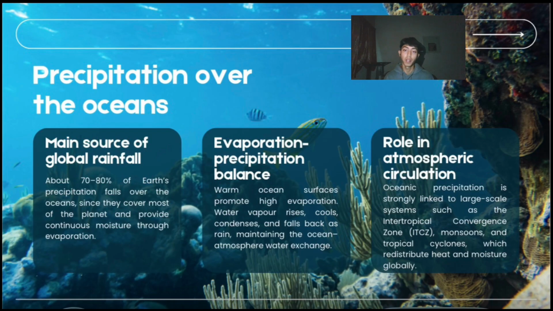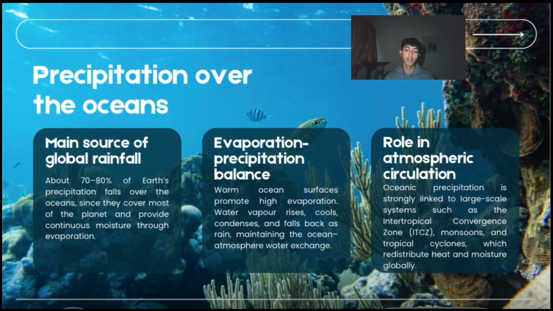First is the main source of global rainfall. About 70 to 80% of Earth's precipitation falls over the oceans, since they cover most of the planet and provide continuous moisture through evaporation. Second, the evaporation-precipitation balance. Warm ocean surfaces promote high evaporation.